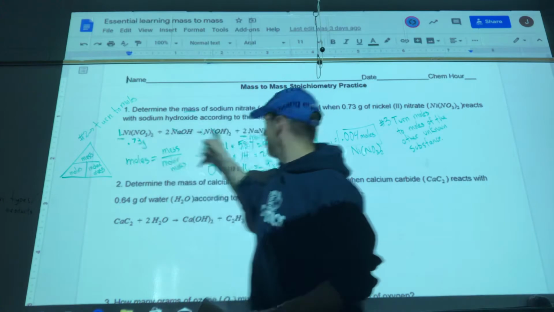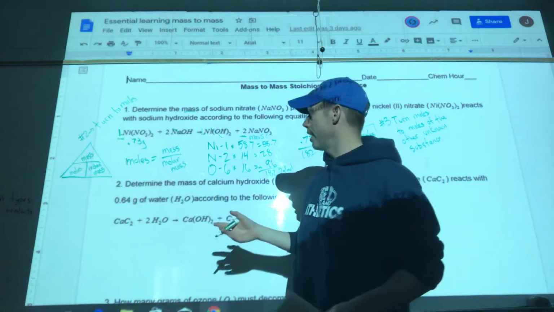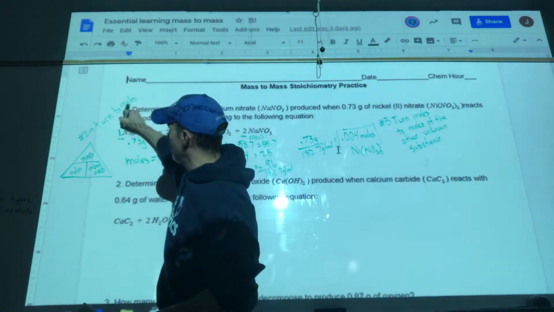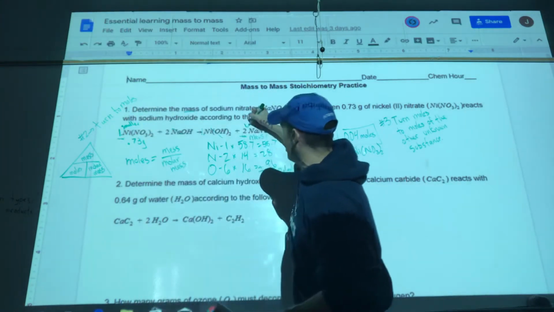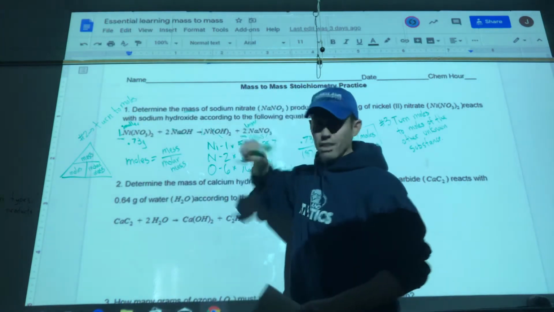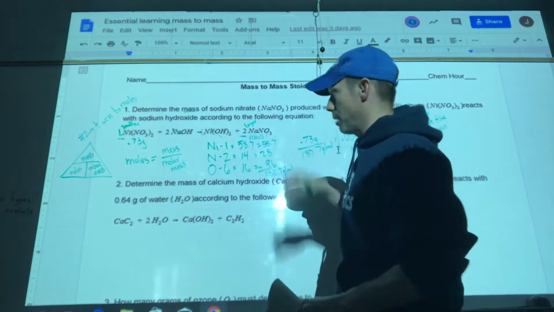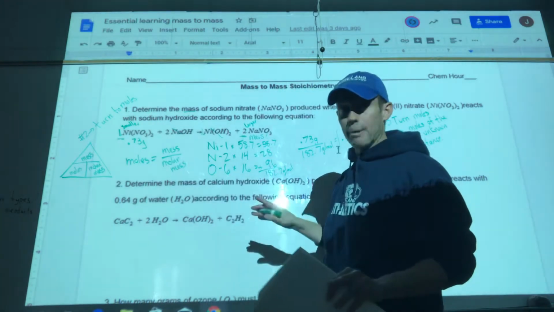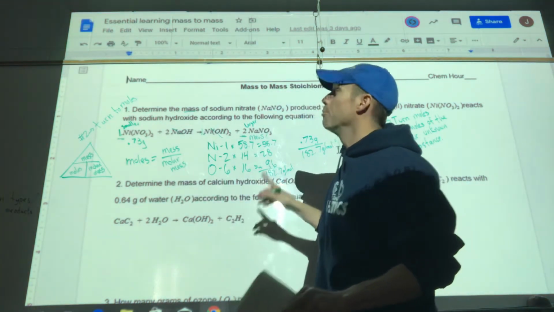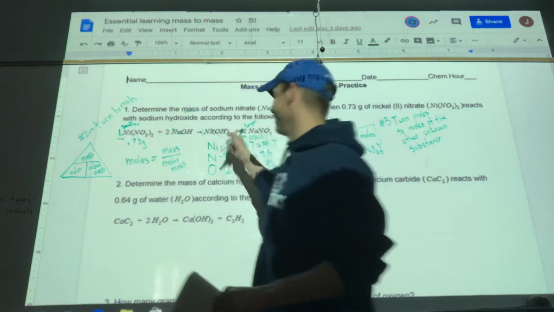This one's a 1, this one's a 2. This is what I call the smaller coefficient, because 1 is smaller than 2. And this is the larger coefficient. So if you look at the little notes I sent out, that's what I'm talking about. Smaller, larger. Because this is a 1 and this is a 2.